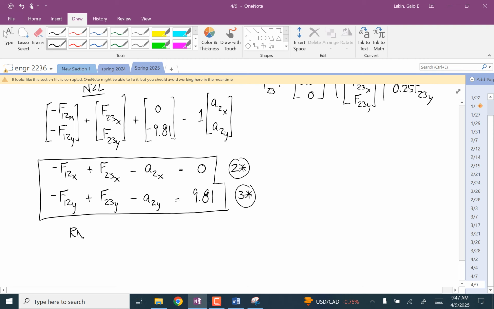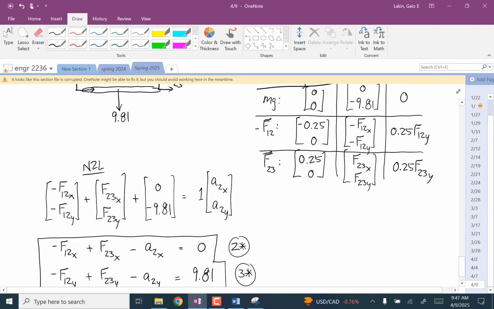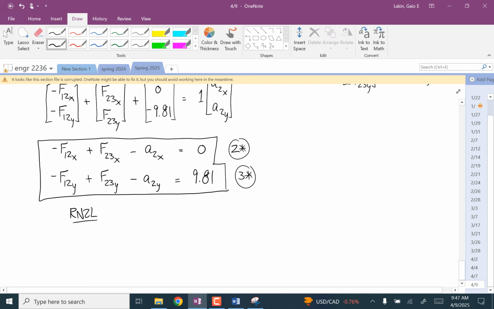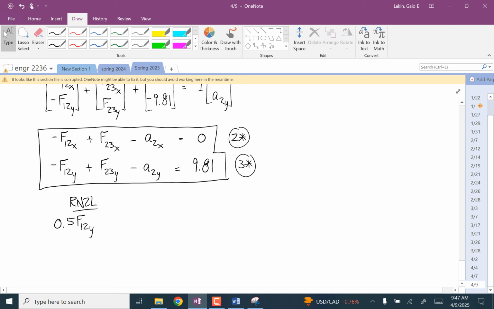And then the moment equation says 0.5 F12y plus 0.5 F23y minus 0.02083 repeating times alpha 2 is equal to 0.